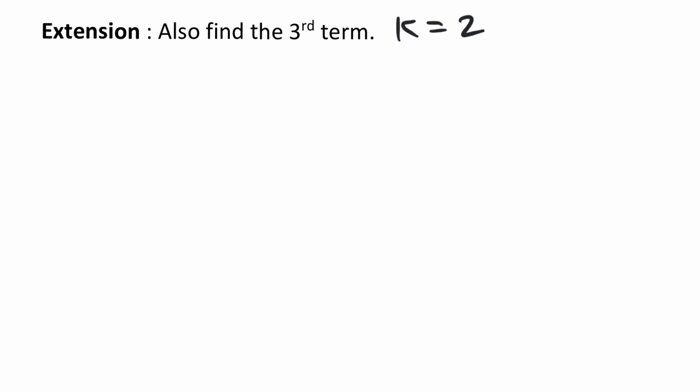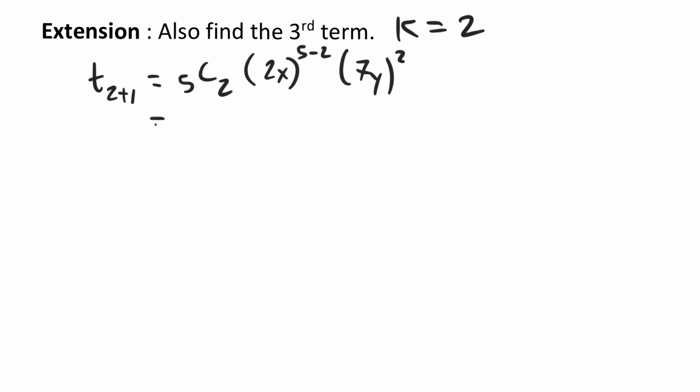All right, so we should have t2 plus 1 equals 5c2, 2x to the 5 minus 2, 7y to the 2. That's going to give us 10, 2 to the 3, x to the 3, 7 to the 2, y to the 2.